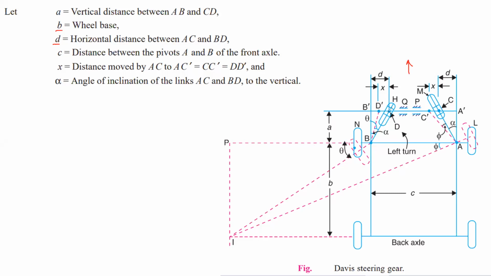Whatever distance the rod CD is slid by is denoted by X.